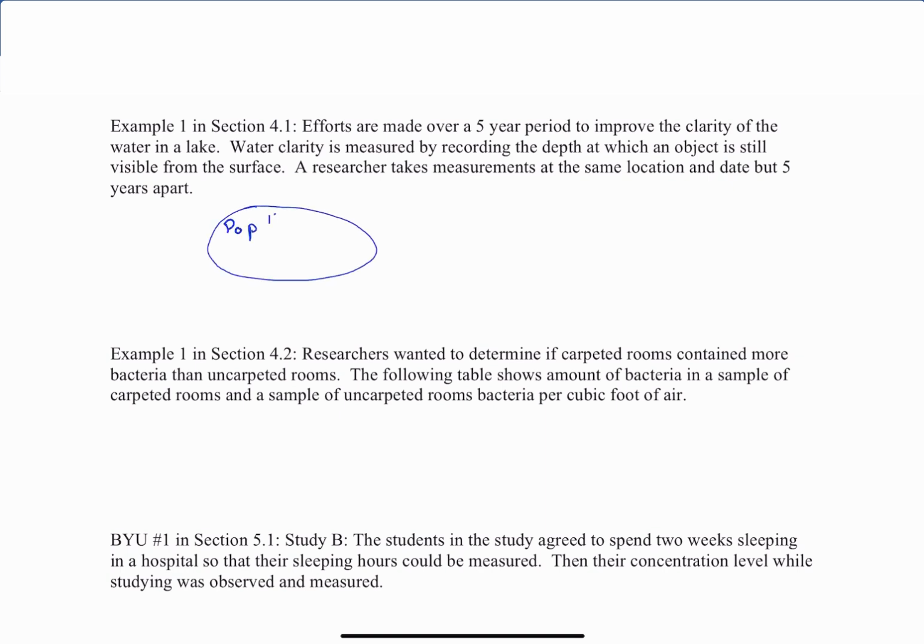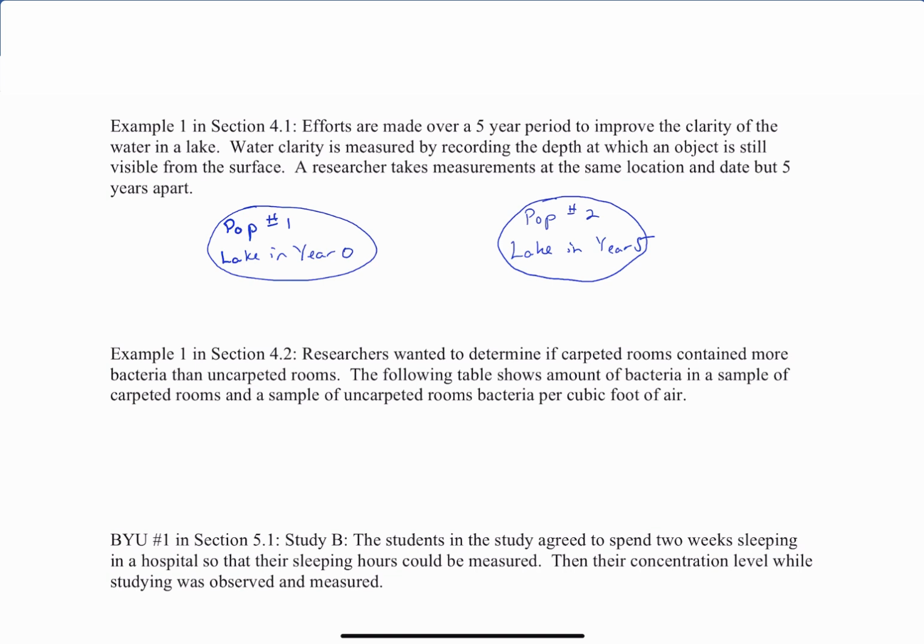Population number 1 was the lake in year 0, or maybe I should say the measurements of the lake in year 0, but I'll just leave it as lake in year 0. And the second population was measurements of the lake in year 5.